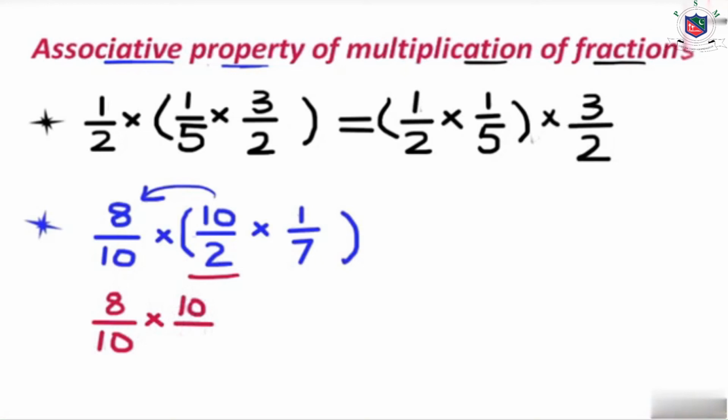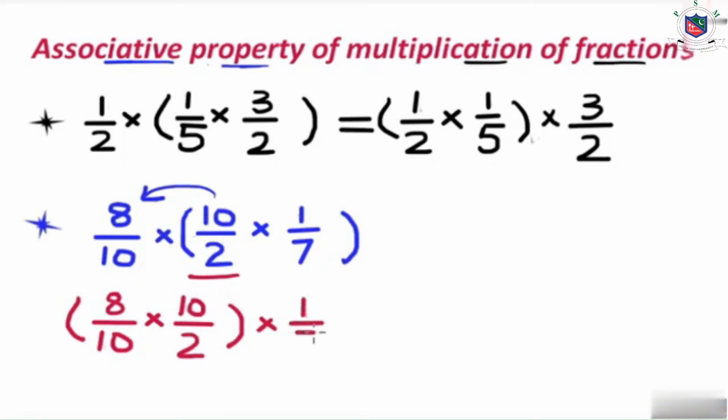So 10 upon 2 and 8 upon 10, we can place them in a group, and 1 upon 7 we can write alone.